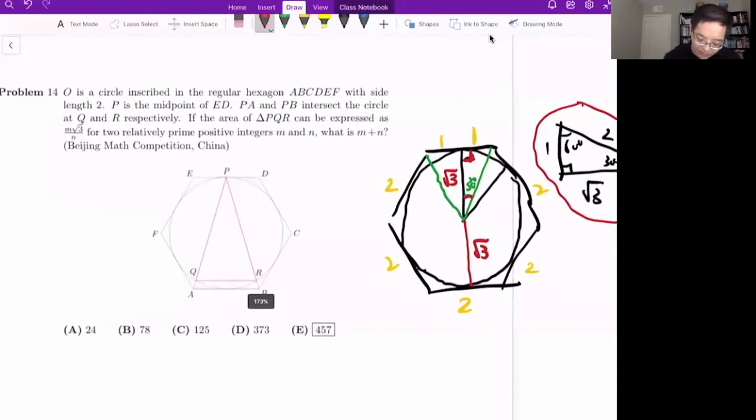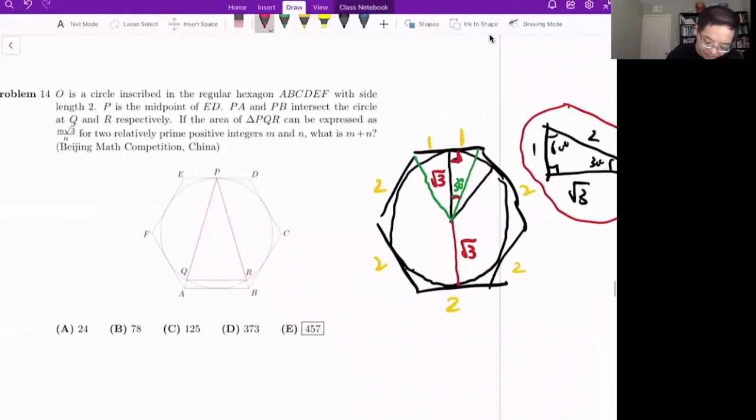Okay, now let's go back to what we want to figure out: the area of this right triangle. What I will do is connect the P with the middle point of AB. Let's say this one I denote as H and the intersection as G. This PH is the diameter of the circle, so this part is 2 times the square root 3.